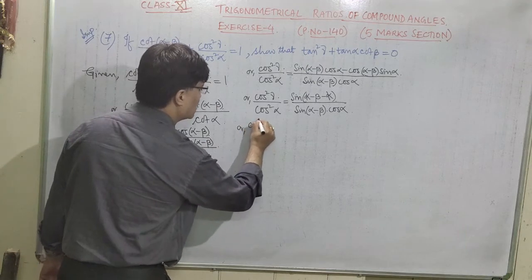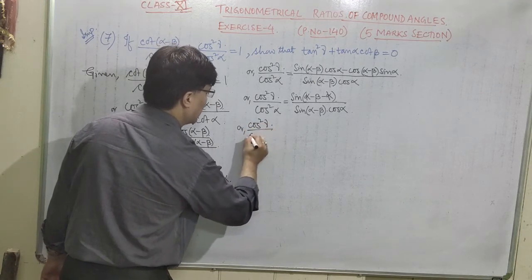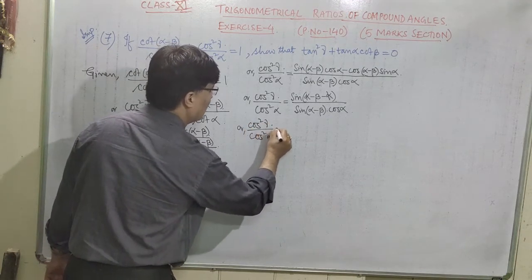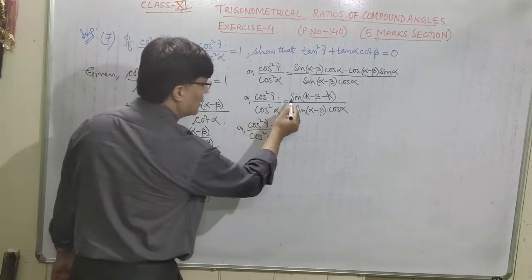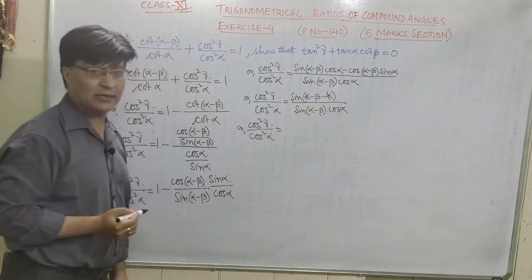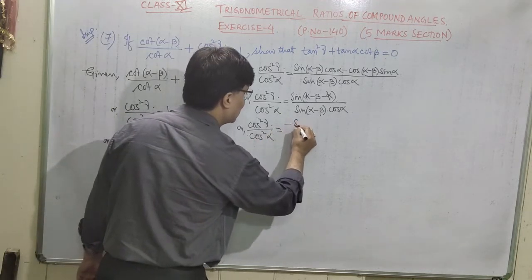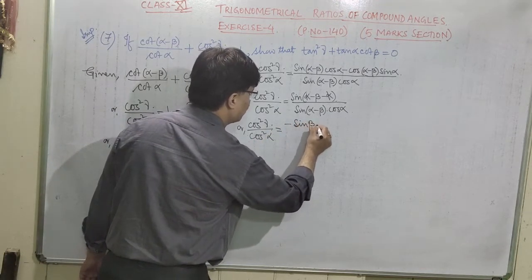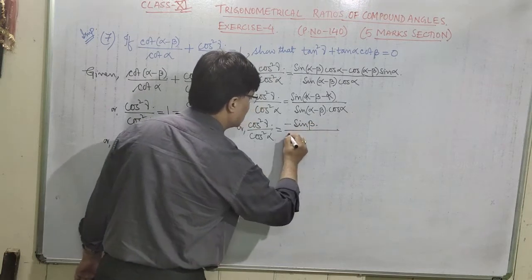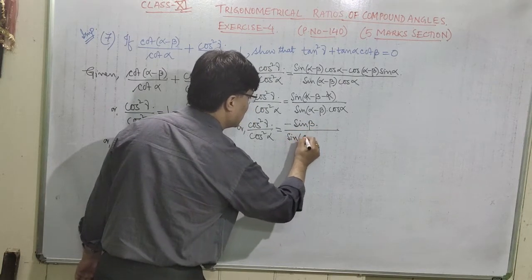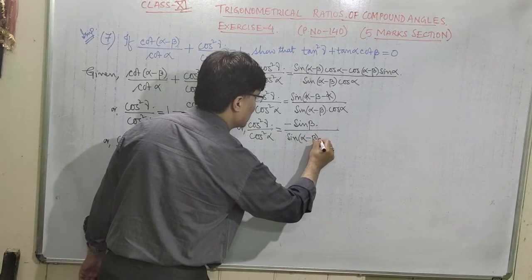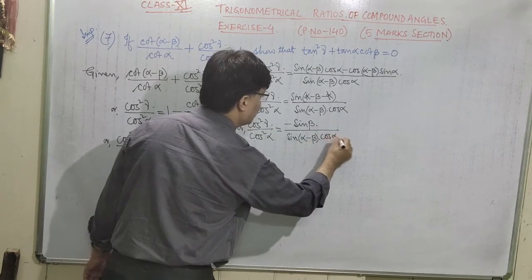Now this is cos square gamma divided by cos square alpha, which is equal to sine of minus beta, isn't it? What is sine of minus beta? This is minus sine beta divided by sine of alpha minus beta into cos alpha.